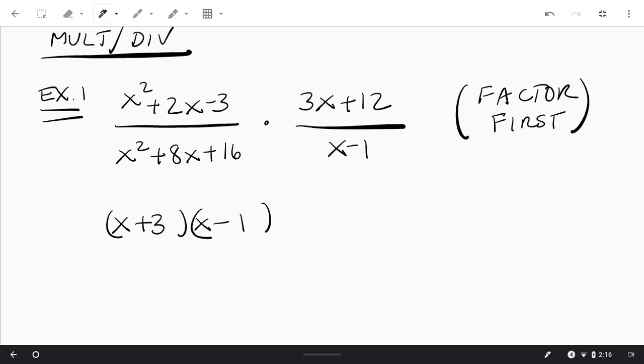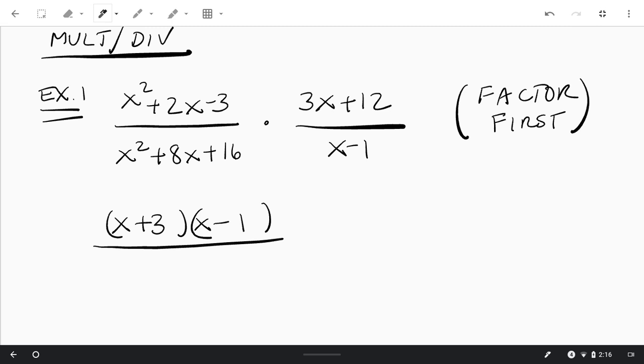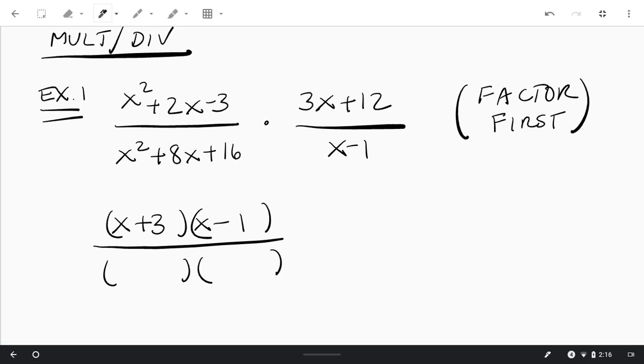And then let's do the denominator. So again, that one's going to be our double parentheses. So what times what to make x squared? That is going to be x times x. Okay. And we want to make positive 16 and positive 8.